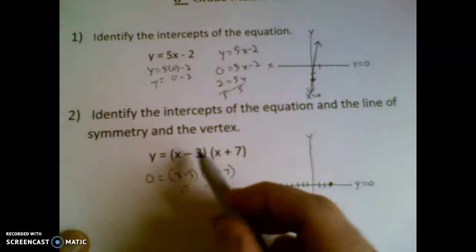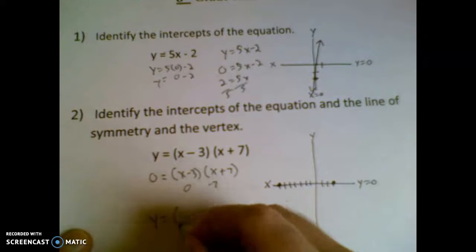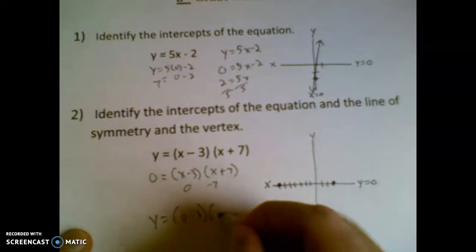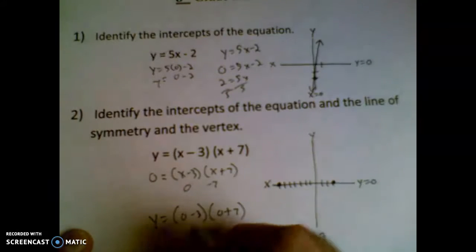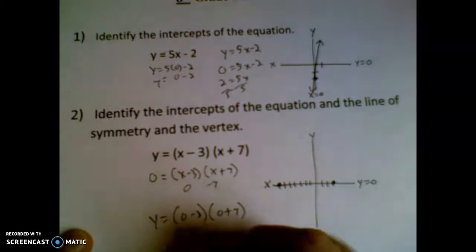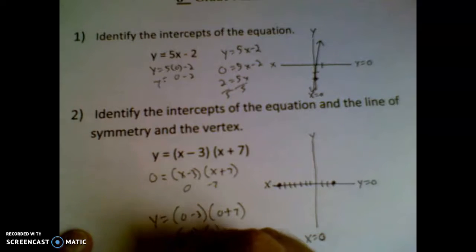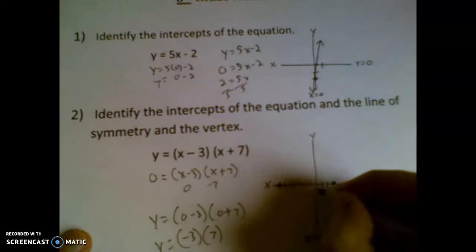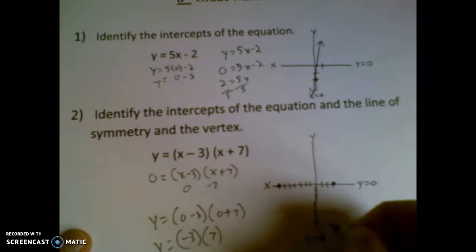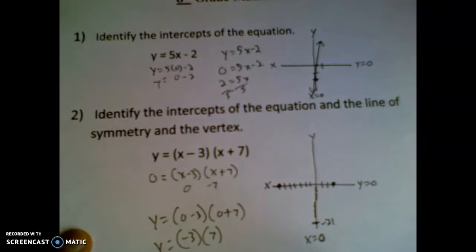So I'm going to replace both of these x's with 0. 0 minus 3 is -3, 0 plus 7 is 7, and when you multiply those together you get -21. So somewhere down here, let's say, is the y-intercept, -21.